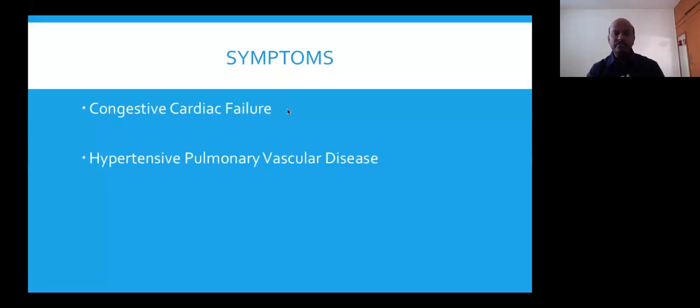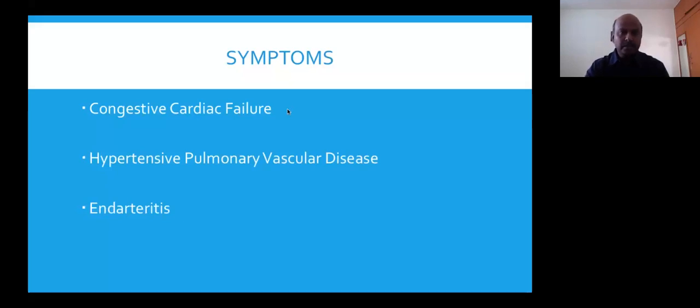So if allowed for a long period of time, then this would cause obliteration of the lumen and an increase in pulmonary vascular resistance and reversal of shunt, with the shunt going from pulmonary artery to aorta, and in which case you would deem it to be irreversible pulmonary hypertension and Eisenmengerization of the shunt.